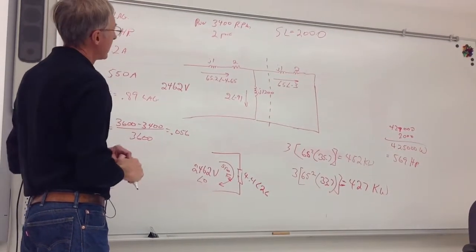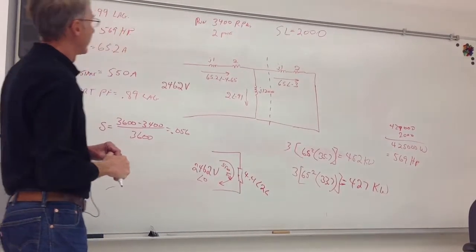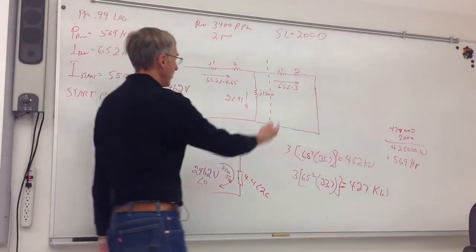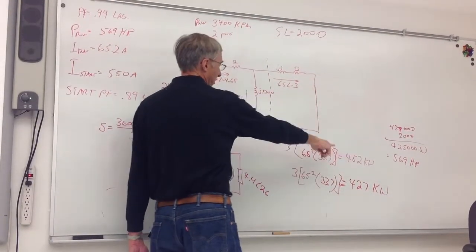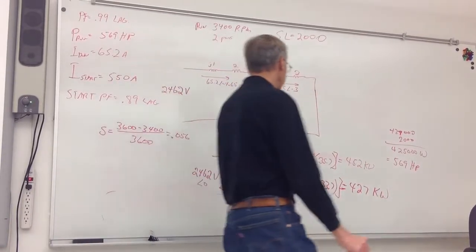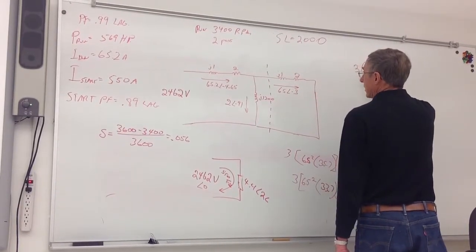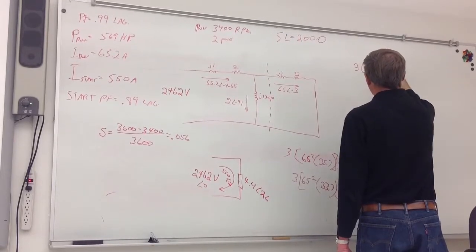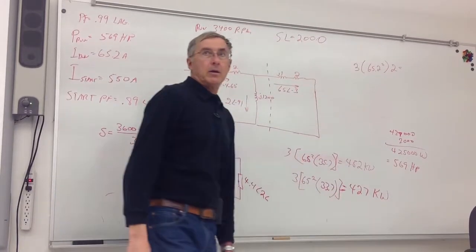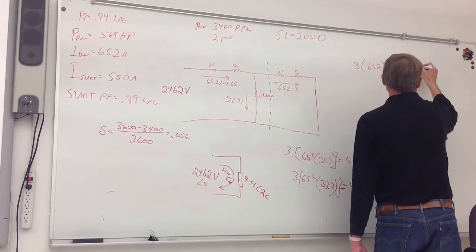Okay, where were we at here? What are we trying to figure out? Efficiency. So I know my real power going across the air gap is 452 kW. So what's my real power loss in the stator going to be? 25.5 kW.